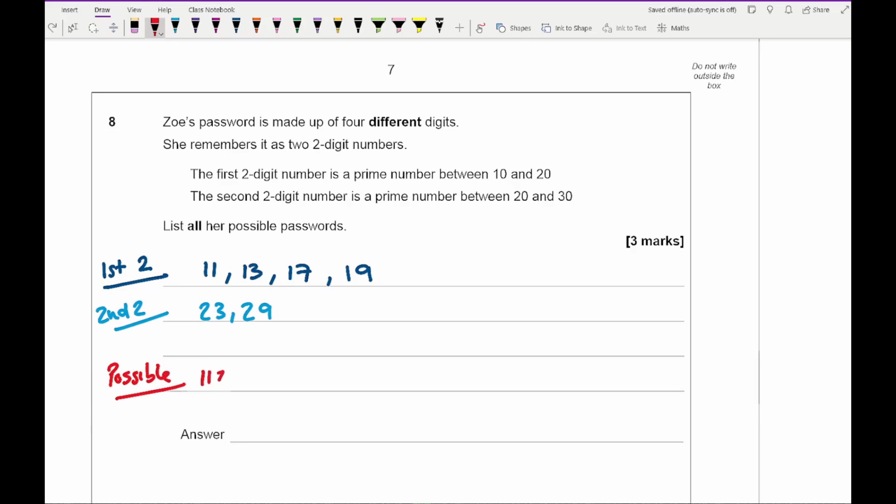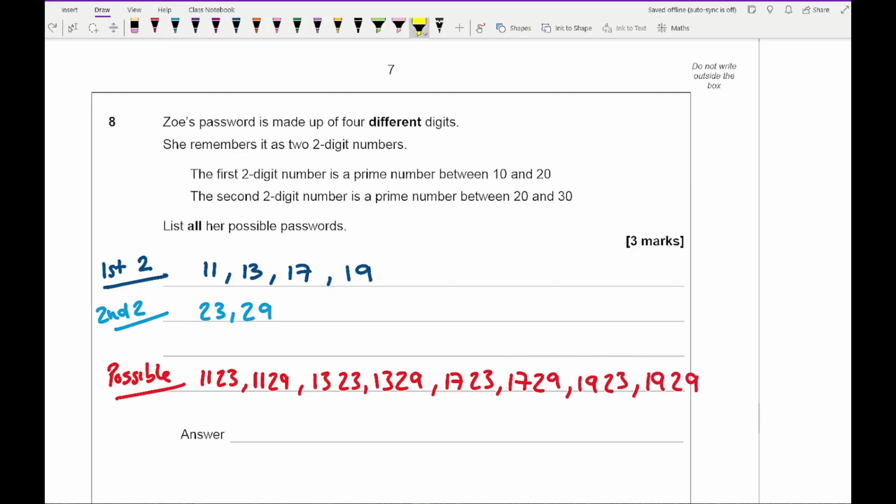So I've got 11, 23; 11, 29; 13, 23; 13, 29; 17, 23; 17, 29; and 19, 23; and 19, 29.